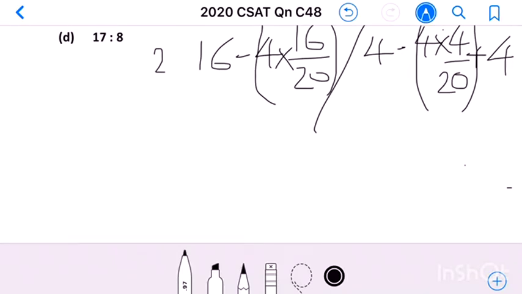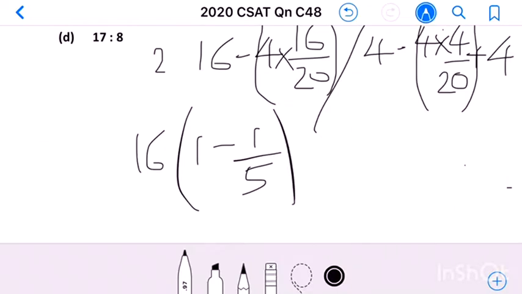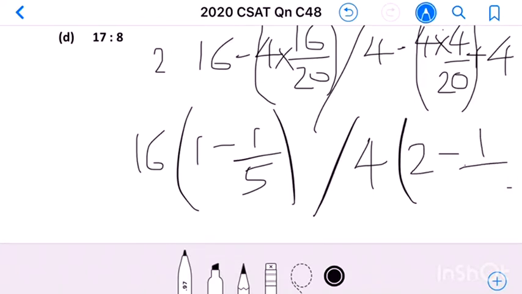Then the ratio of liquid A and liquid B is equal to 16 into, taking 16 outside, 1 minus 4 by 20, which is 1 by 5, whole divided by, taking 4 outside here also, 4 plus 4, 8, then 2 minus 1 by 5.